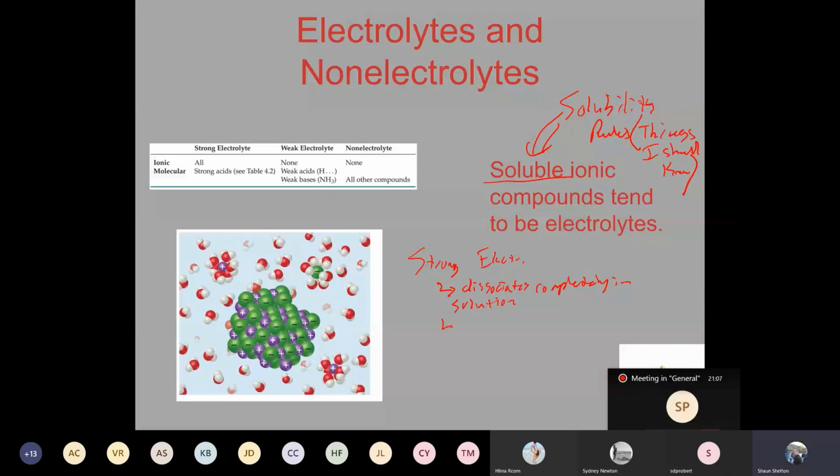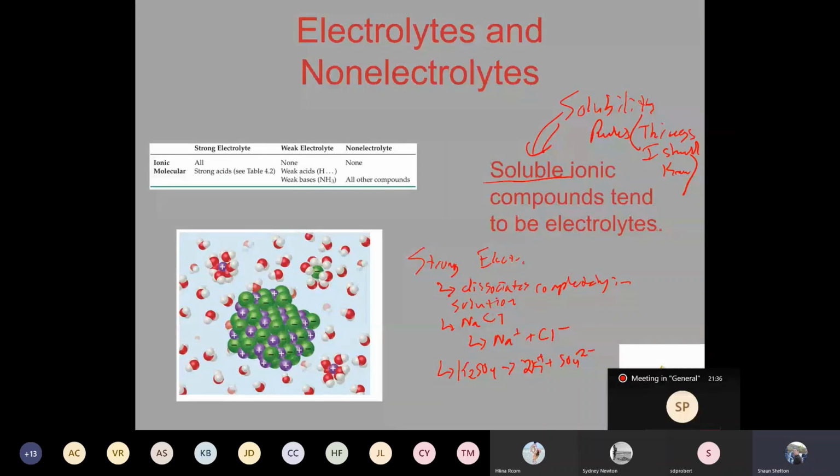A good example is sodium chloride. Sodium chloride dissociates into sodium ions plus chloride ions. So it breaks down completely. Another example would be potassium sulfate. Potassium sulfate breaks down to 2 potassiums and 1 sulfate. These are a couple examples of strong electrolytes.